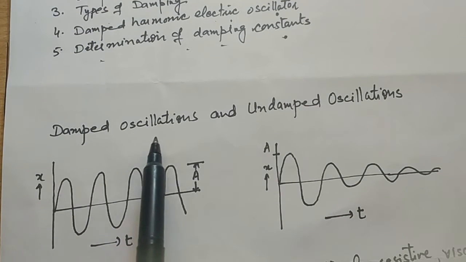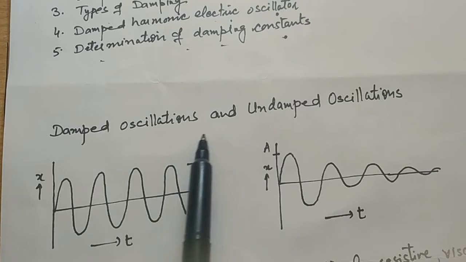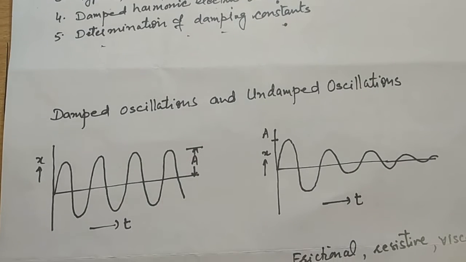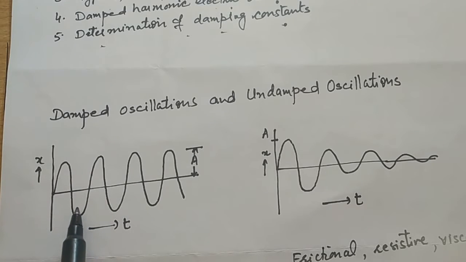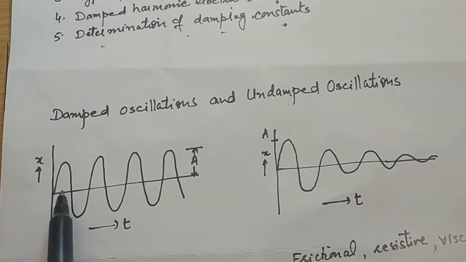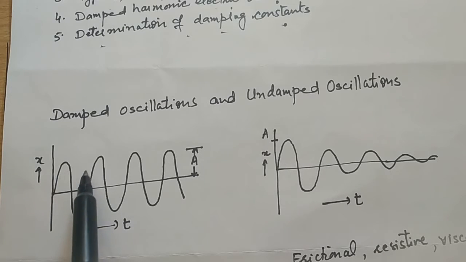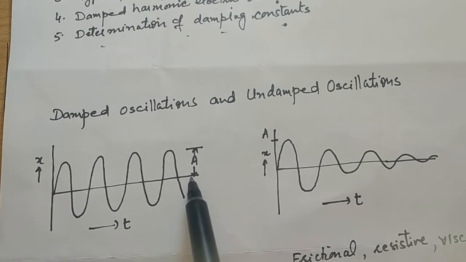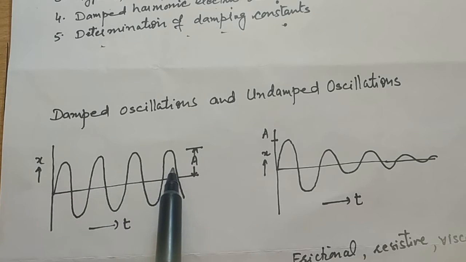To understand damped oscillations and undamped oscillations, we have here two diagrams. In one diagram you will find that with the passage of time, I have taken time along x-axis and displacement along y-axis, and you will find that the height of this curve, that is maximum amplitude or amplitude, remains constant.